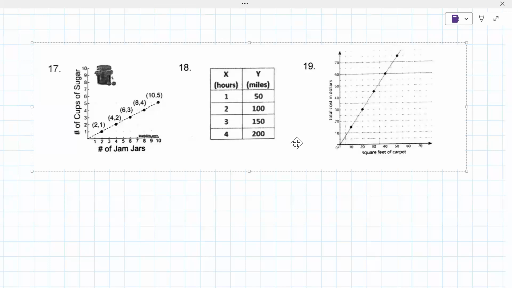How about let's start with 17. What's your answer for 17? Can't jump ahead here. I was looking at it, noticing. So the 42.